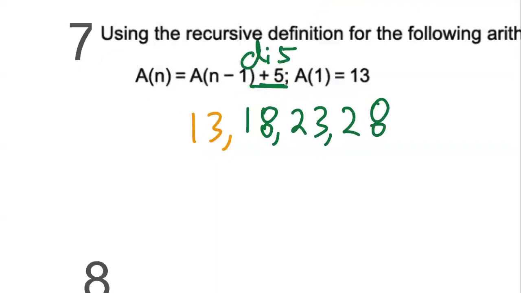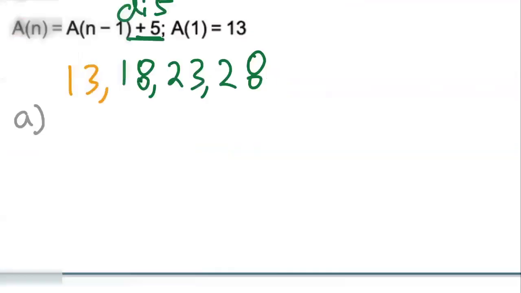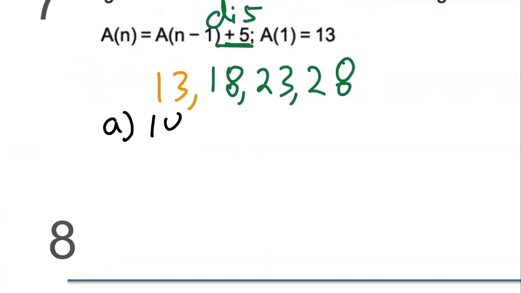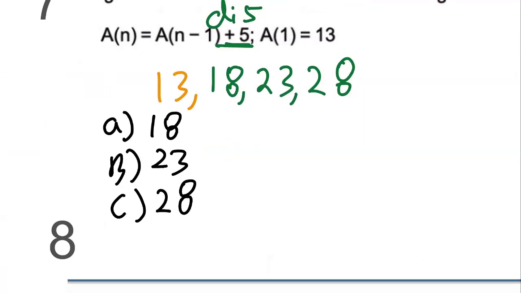And we answered the question already. Part A, it says give the second term, which we found out to be 18. The third term, 23. And then the fourth term is 28. See, so it's not too bad. Pretty easy, pretty easy. Getting the information from the formula.